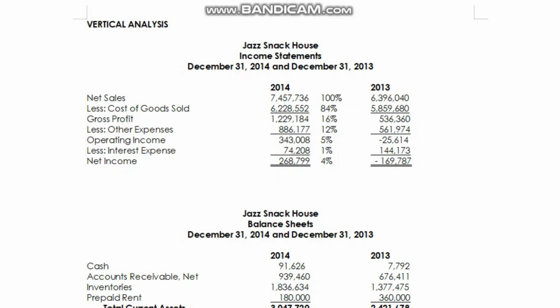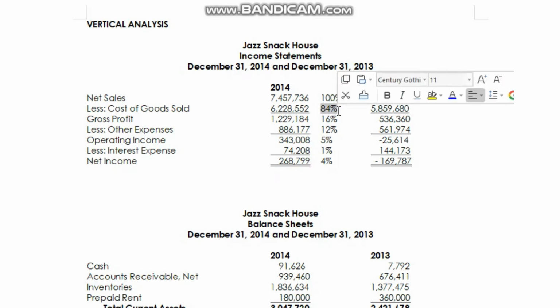Now, using this common size financial statements of Jazz Snack House, it is easier to compare items from within the same accounting period. So, for example, here in 2014, the cost of goods sold as a component of net sales is 84%.